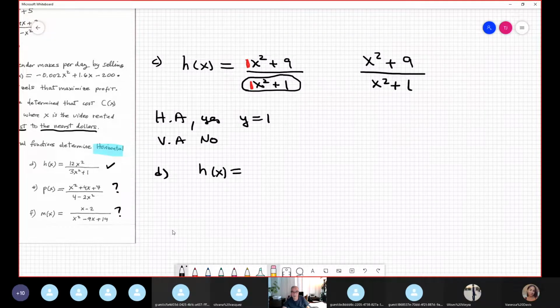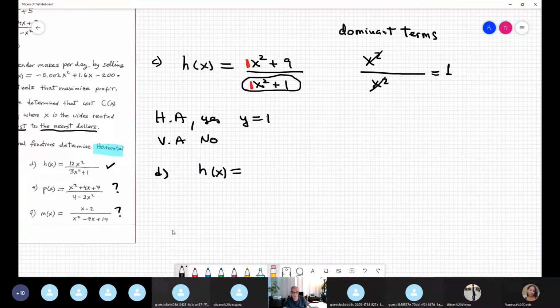With the same degree, you ignore the constants, because x squared is the dominant term, the term increasing faster, and 9 is constant, 1 is constant. And x squared divided by x squared cancels out, boom. The answer is 1.